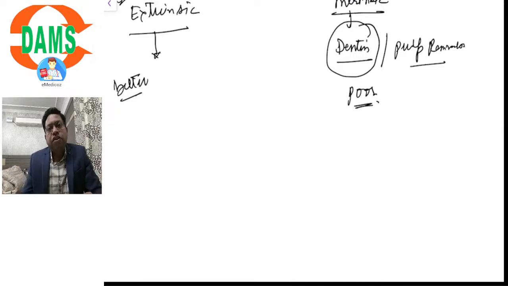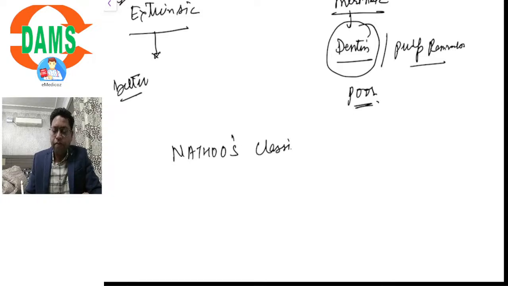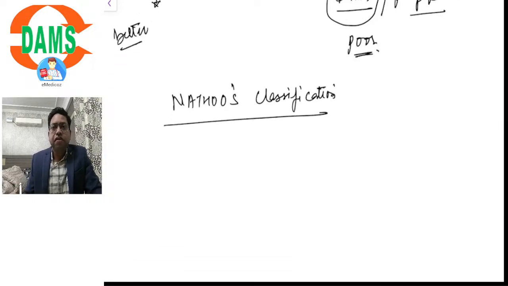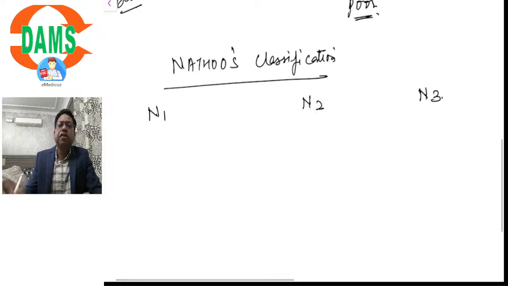Now, over the years, there have been various classifications for the tooth stains. One of the most commonly used is the Matthews classification of tooth stains. According to the Matthews classification, tooth stains are categorized as N1, N2, and N3 stains. What is N1 stain?